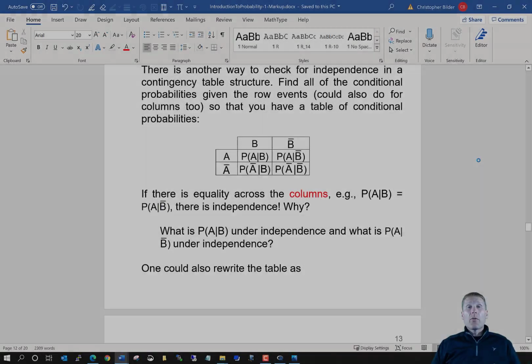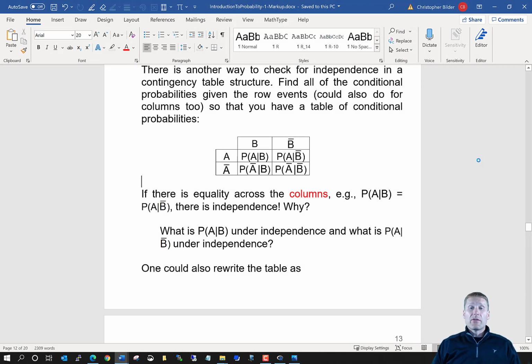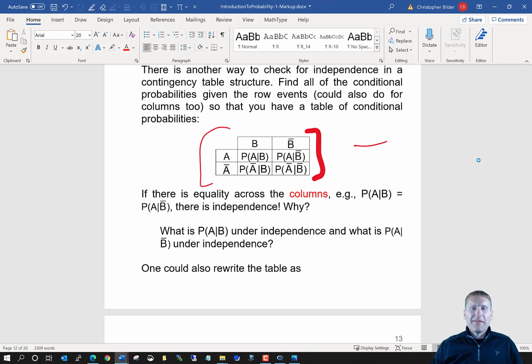Now, there's another way that you can check for independence, in terms of a contingency table structure. We can write our contingency table out so that now it represents conditional probabilities. And if we have equality of these conditional probabilities across the columns, then we have independence.